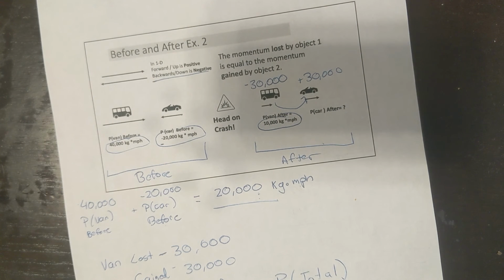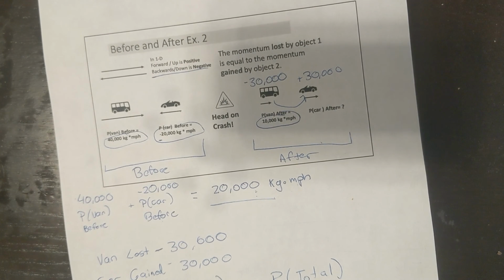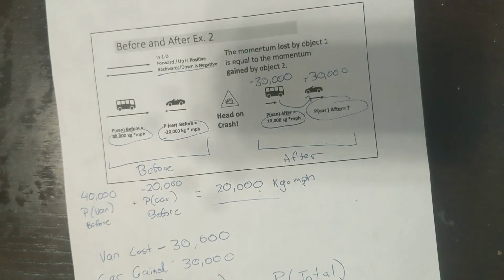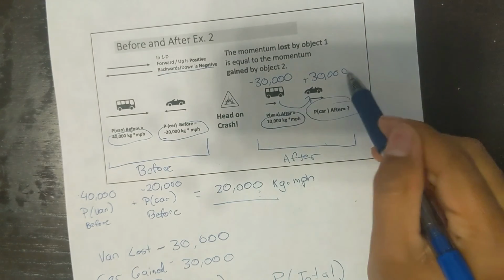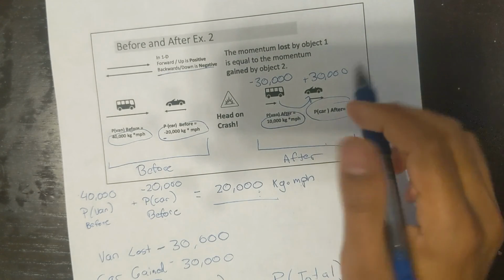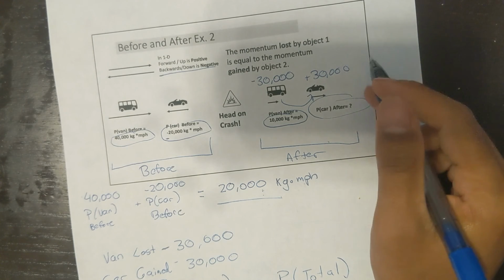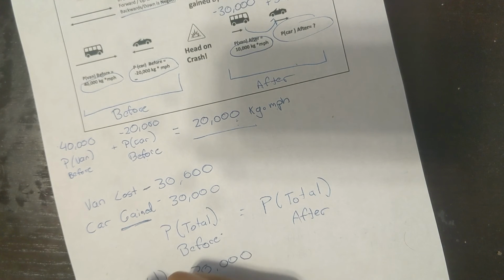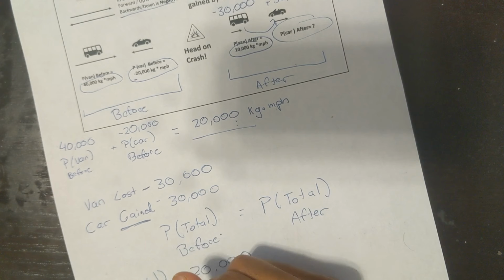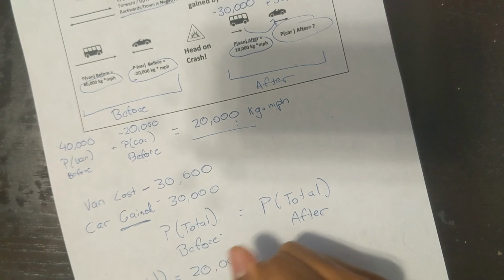And the final question is, what is the momentum of the car after the crash? There are actually two ways we could go about it. One is, we know that the van lost 30,000 and the car gained 30,000. The car's momentum before was negative 20,000 because it was going backwards.